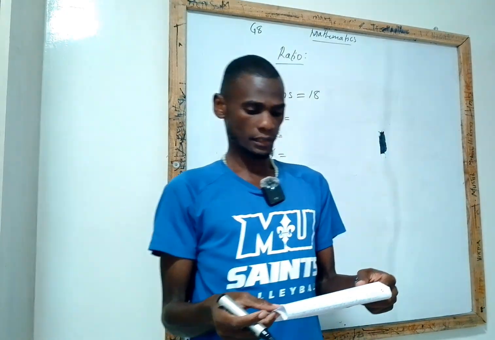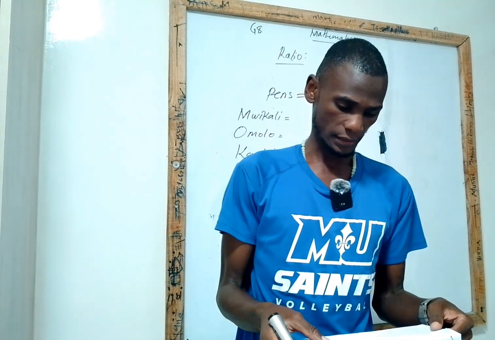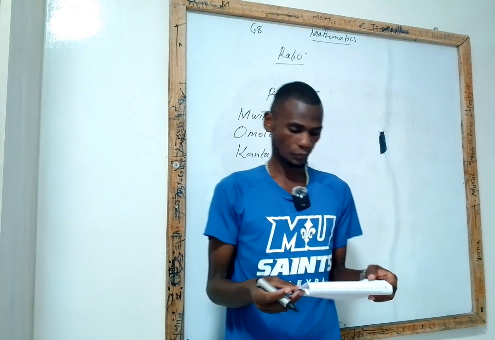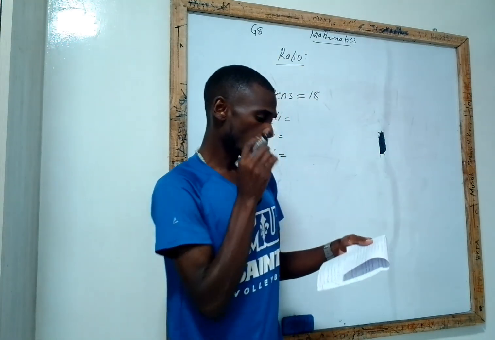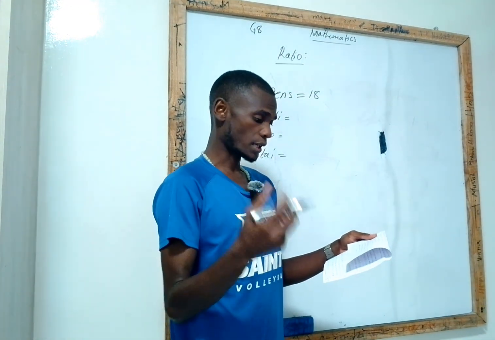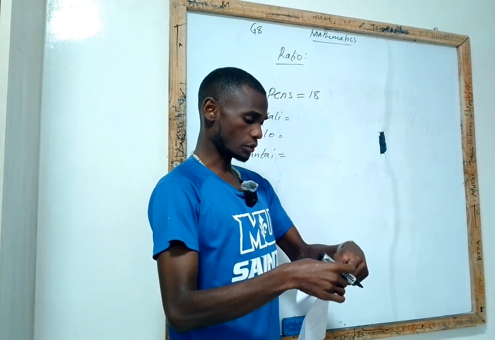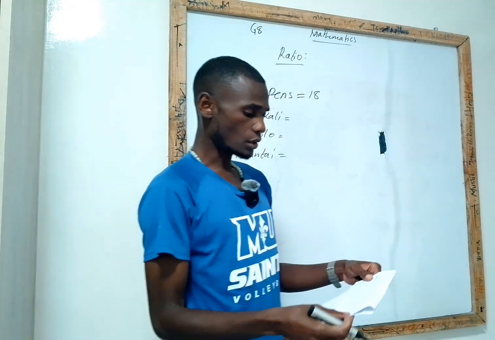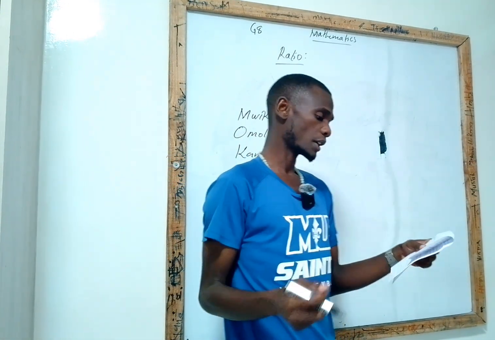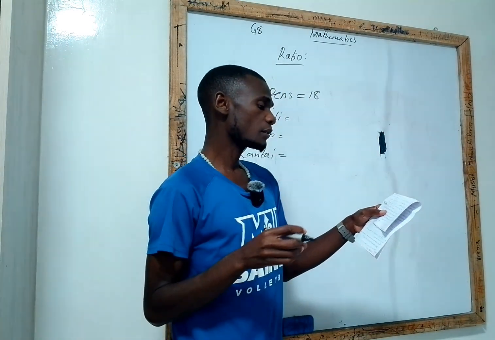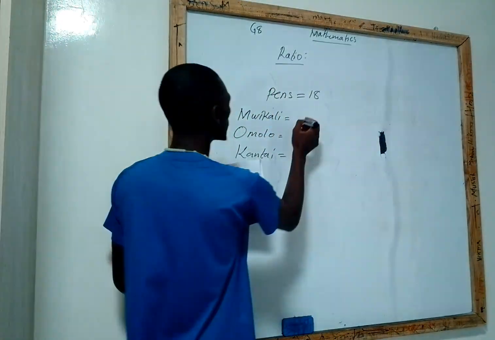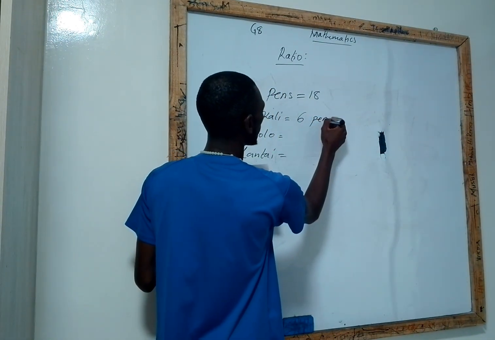Teacher Brenda shared 18 pens among 3 learners. Now, remember we are working out ratios. This one is not dividing using ratios. We are working out. So the statement continues and says, Mwikali received 6 pens.